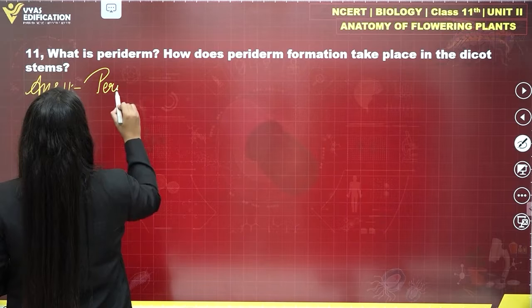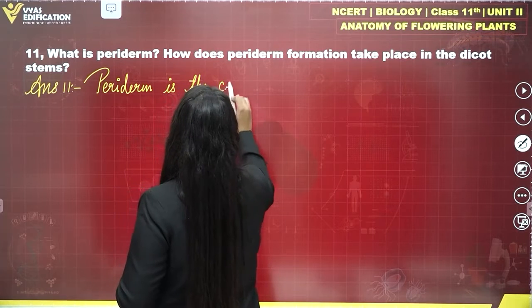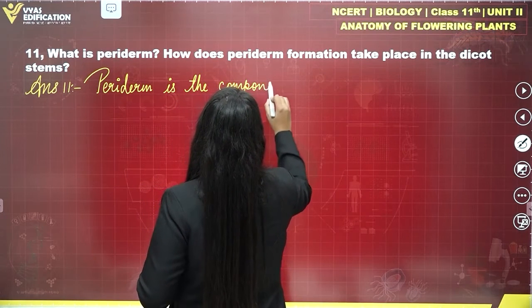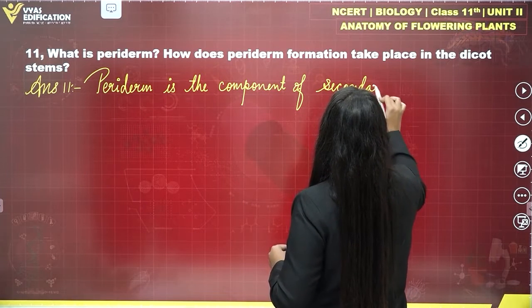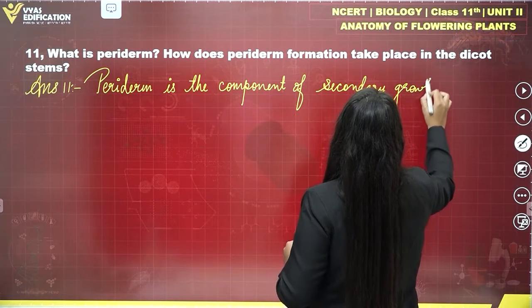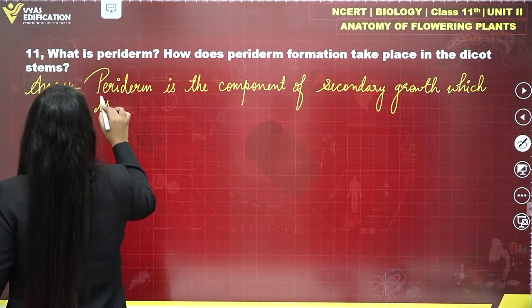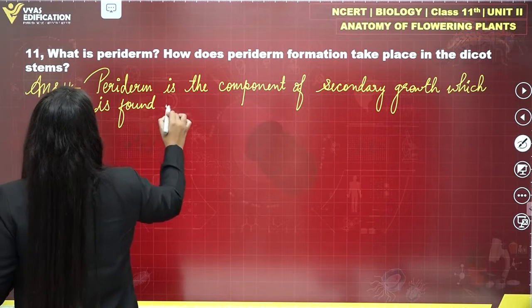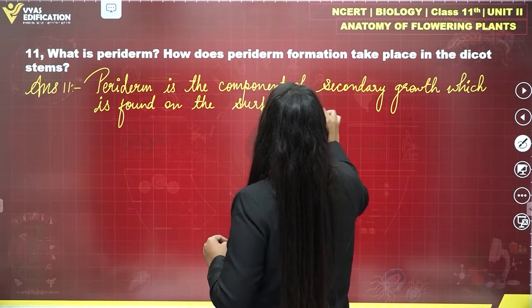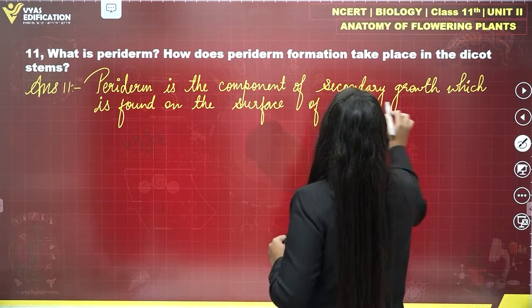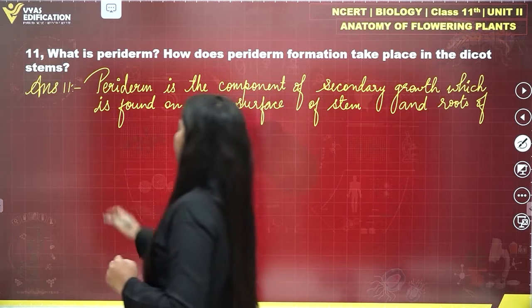So periderm is the component of secondary growth, which is found on the surface of stem and roots of dicot stem.